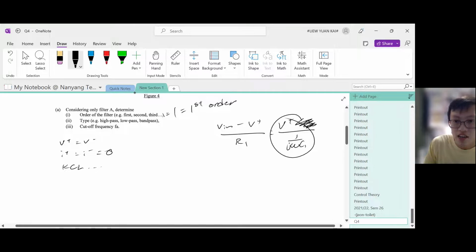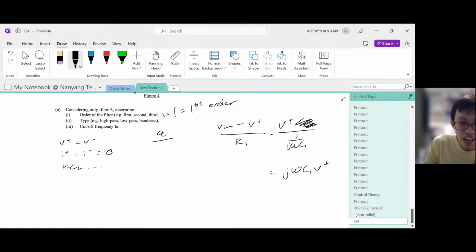And then this, I will write it as J omega C1 V plus, right? If I have an expression which is 1 over A over 1 over B, it's just the same as A times B, which is just AB, right? So this basically moves up here.